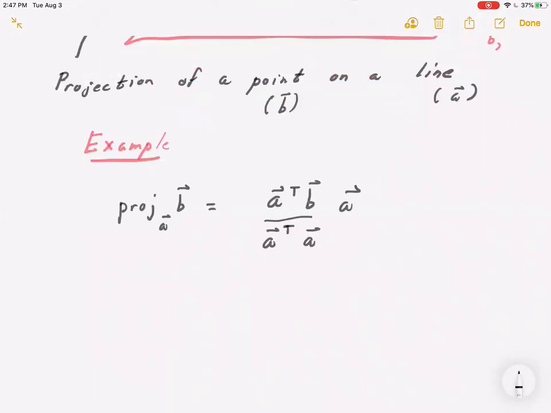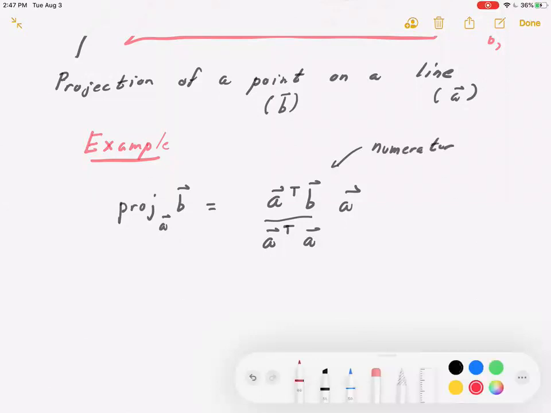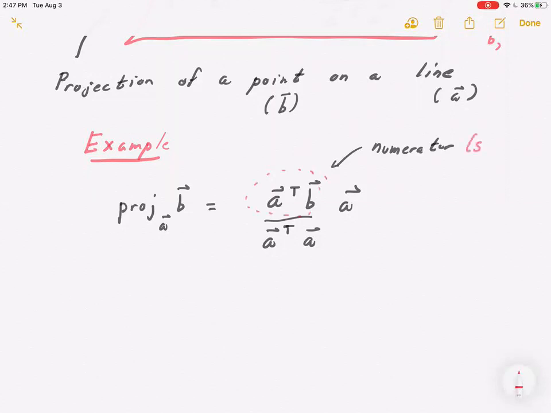Okay, so let's think about this for a minute. This thing in the numerator, which we will highlight in red, is just a dot product. So this thing is a scalar. This thing in the denominator is also a scalar.